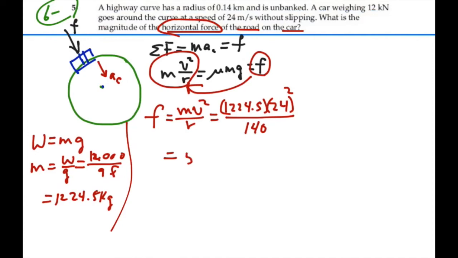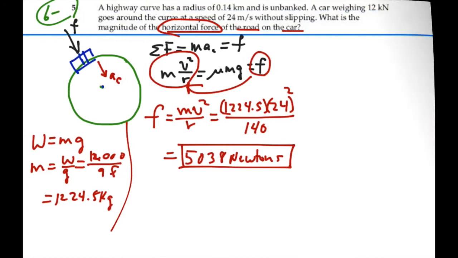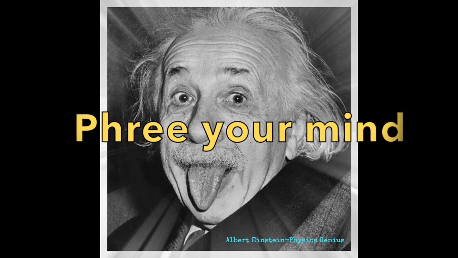So we'll say 5,038 newtons. That is the frictional force, that is the net force, that is the centripetal force in this case. They're all the same. And that is the horizontal force of the road on the car.